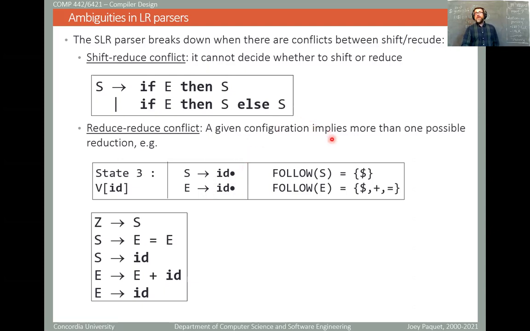Now these happen quite often. Let's face it, when we had to change our grammar in order to do top-down parsing, we were faced with many conflicts that we had to resolve by transforming the grammar. If you are using an LR method, there's going to be way fewer conflicts for a programming language grammar.